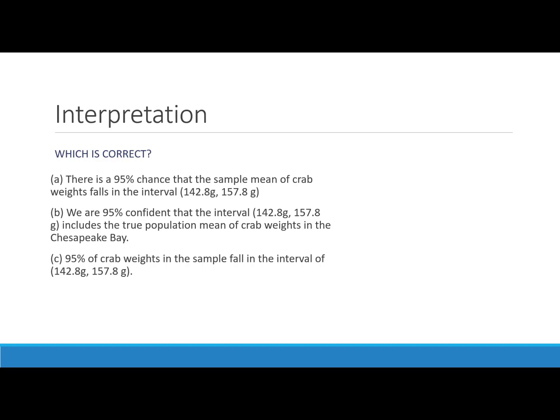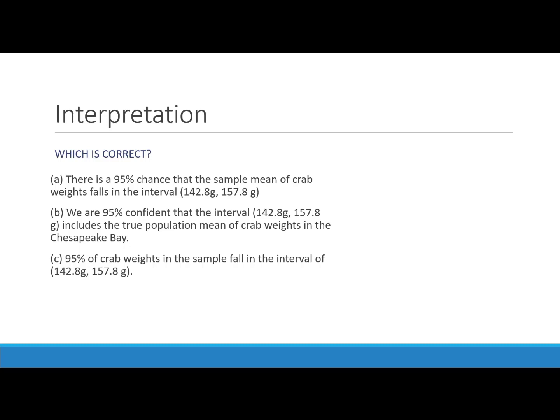We now have our confidence interval, our 95% confidence interval, and now we need to interpret it in the context of the problem. So what I want you to do is think about A, B, and C and decide which is the correct interpretation. A, there is a 95% chance that the sample mean of crab weights falls in the interval 142.8 grams to 157.8 grams.